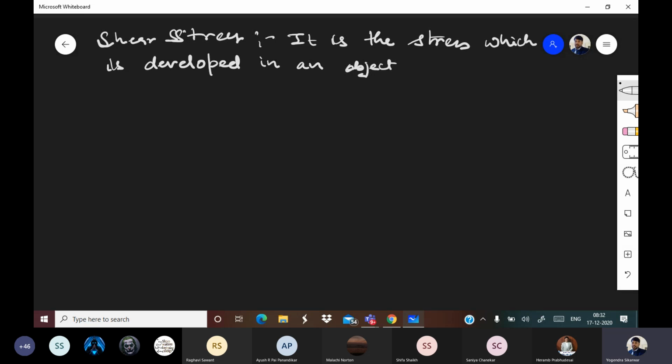So what is the criteria for how the force is to be exerted in this case? Force has to be exerted parallel to the surface.